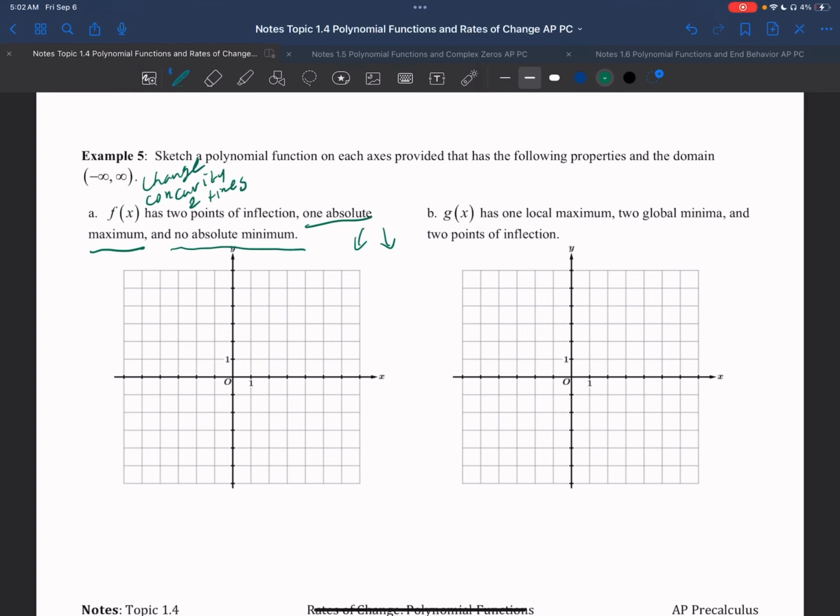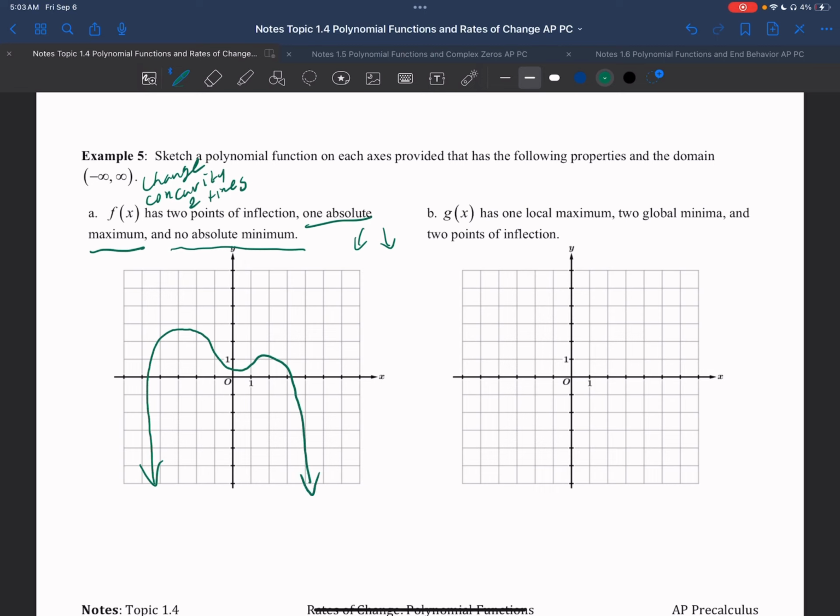So now that I have that information, I can start drawing my graph. I know I need to start with an arrow pointing down. I'm concave down, so I'm going to switch to concave up, and then I'm going to switch to concave down again.